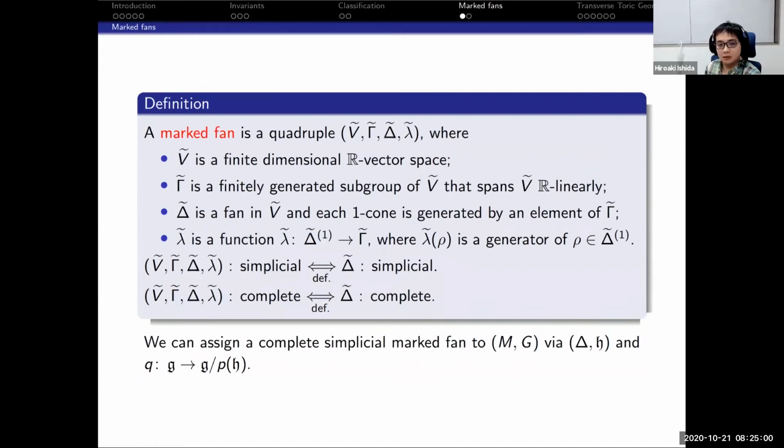Okay, now let me introduce a marked fan, which is an irrational fan in some sense. A marked fan is a quadruple where V tilde is a finite dimensional vector space, and gamma tilde is a finitely generated subgroup of this vector space that spans it linearly, namely, gamma tilde is a quasi-lattice of V tilde.